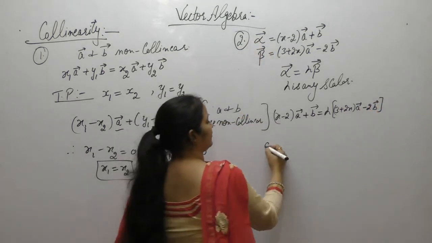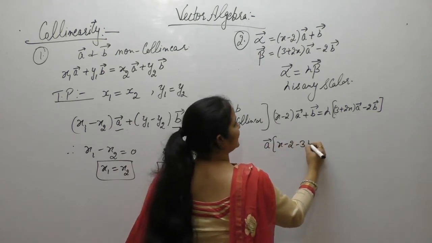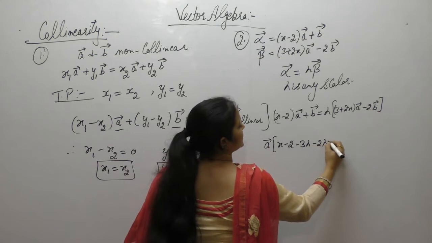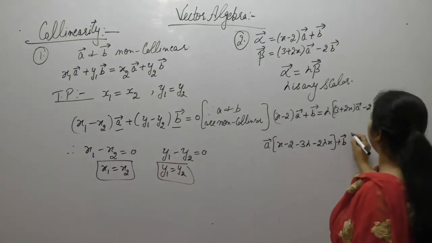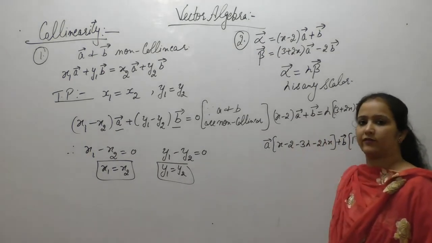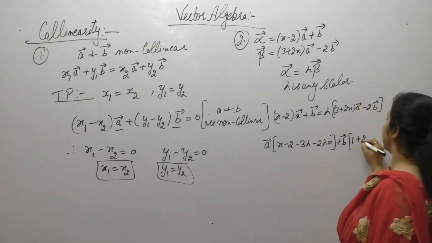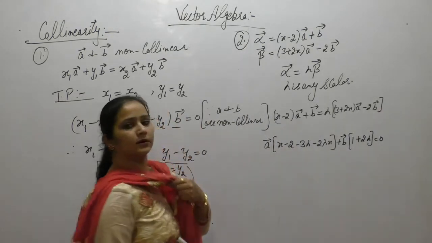Now A vector on one side: (x minus 2 minus 3 lambda minus 2 lambda x) plus B vector into (1 plus 2 lambda), when it goes on left hand side it becomes plus 2 lambda, is equal to 0.